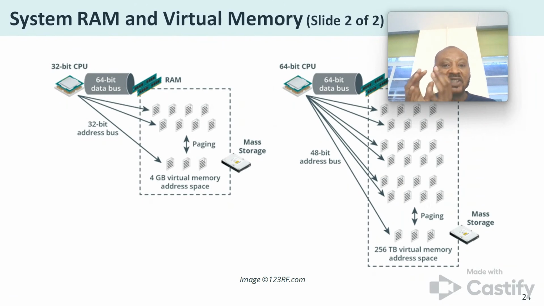Whenever you have virtual memory, you know that the space is being taken from your devices, maybe your hard drive, to be used as memory. Say you have 16 gig of RAM and you notice your system is slow.